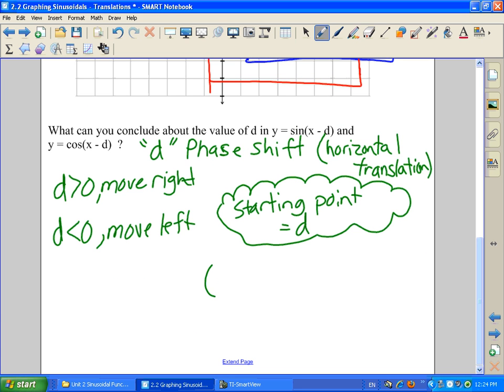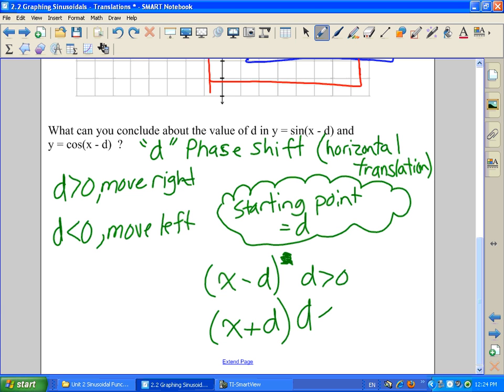Okay, so if it's x minus d, d is greater than 0. And if it's x plus d, d is going to be negative, so it's going to be less than 0.